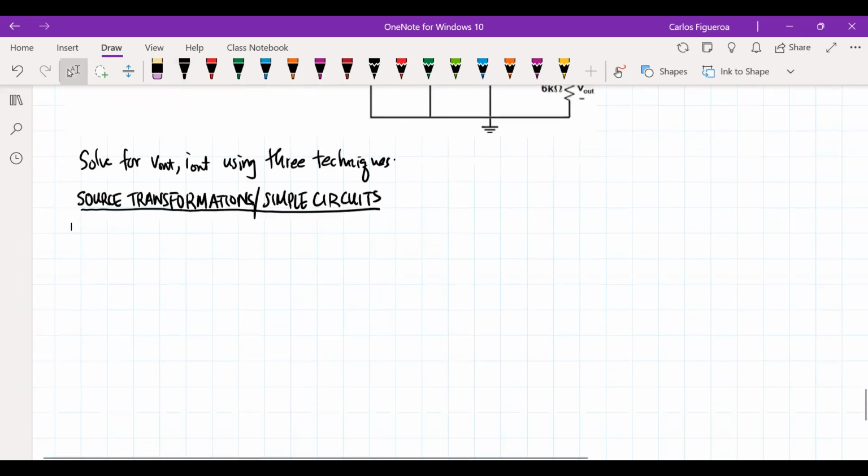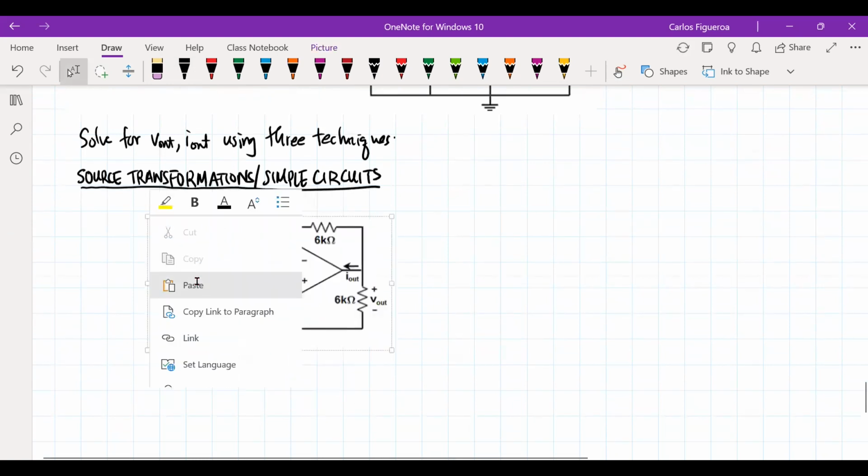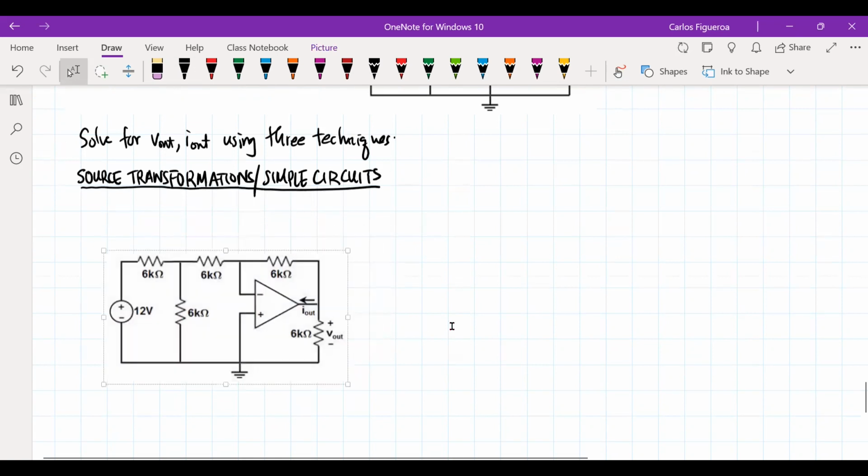So the first thing that we want to note here is that here's our circuit right here. The first thing that I'm going to see here is that the 12 volt and 6K are in series.